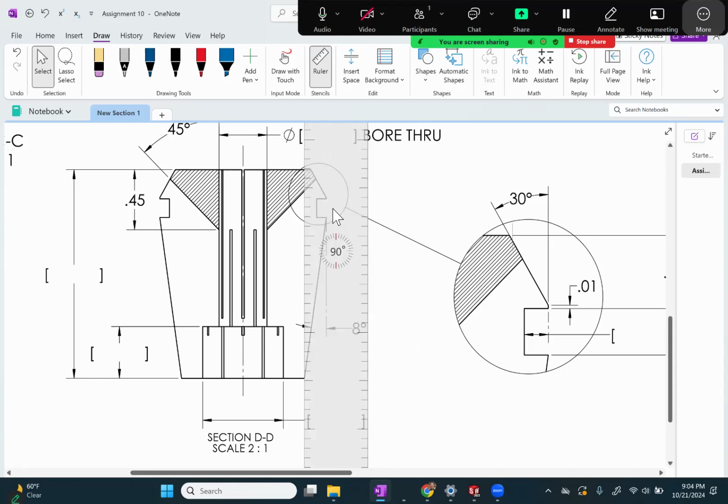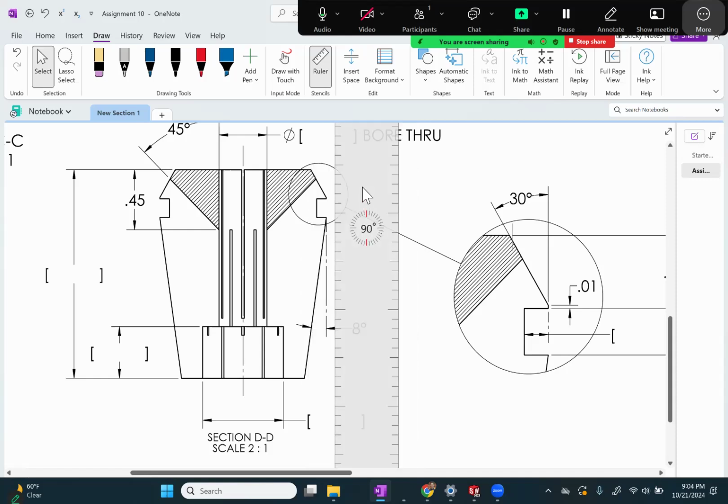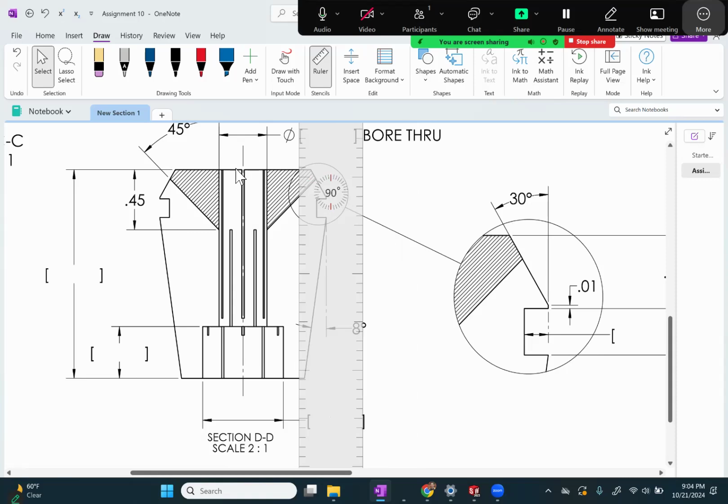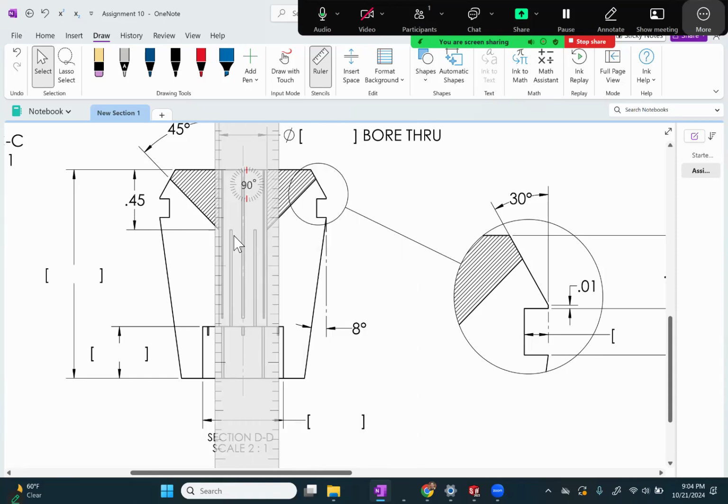The way this works is we will be using ratios to find or estimate what our dimensions are. I'll do an example here. We're given that this vertical dimension is 0.45 units.